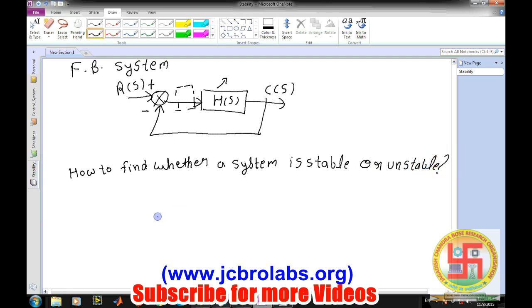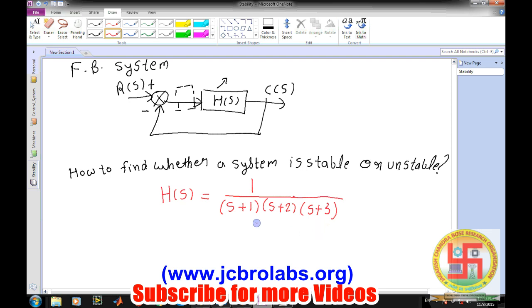So this is the question. Let's say we have some transfer function H of s given as 1 divided by s plus 1, and then s plus 2, and then s plus 3. So this is our third order system.